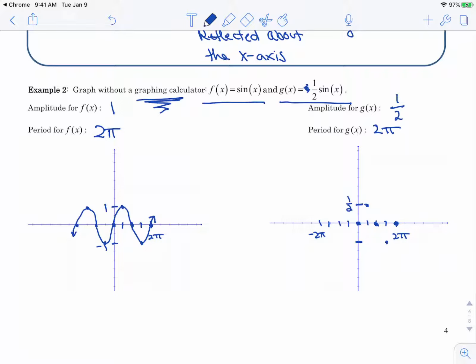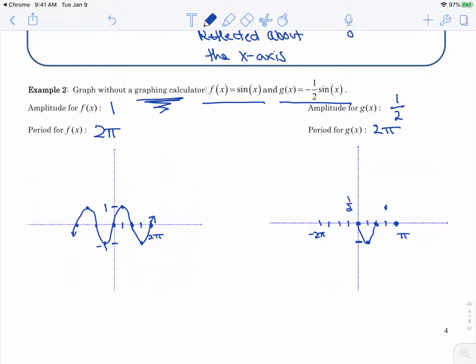But I haven't talked about that negative, right? This negative talks about a reflection. I can't reflect the points on the x-axis because they're on it, but I can reflect this one to now go down here, and I can reflect this one to go up here. Now what do I have?